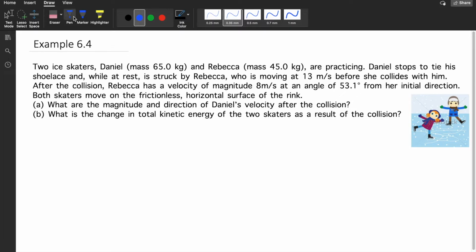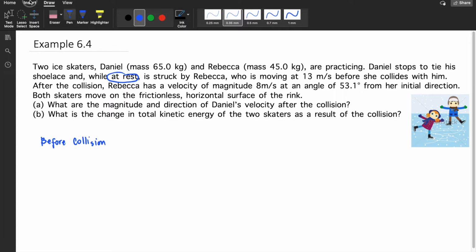So for this case, we need to figure out where the particles are going. So here, first, we'll have to write before collision. If you'll notice, Daniel stops to tie his shoelace, so that means he is at rest.